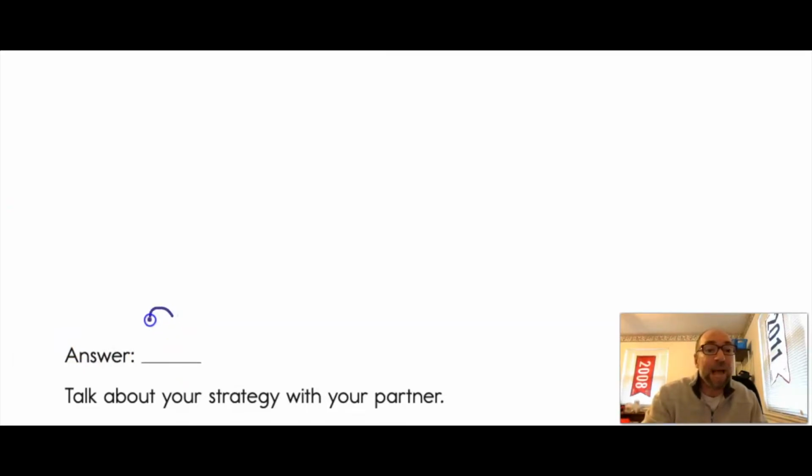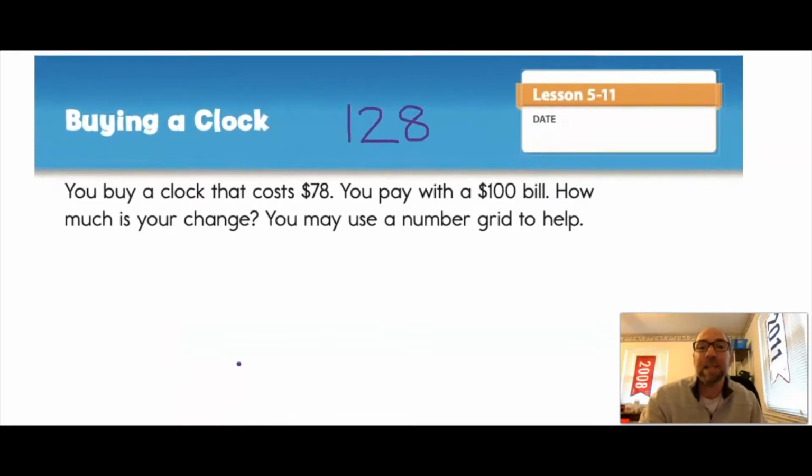The dollar sign goes in front of the number, and it's an S with a line that goes down the middle of it. After that comes the amount. So hit pause and see if you can solve the problem called buying a clock on page 128. When you're done, press play. We're going to see how you did.